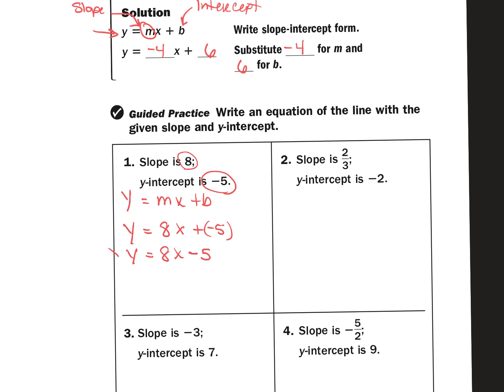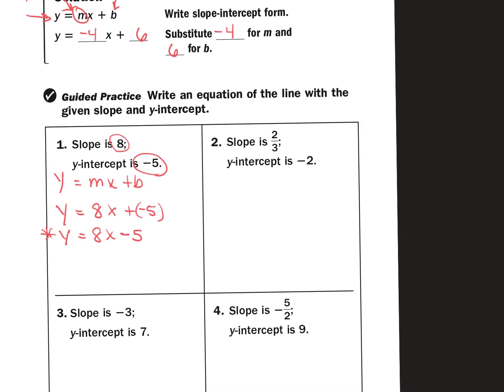I prefer this one. I prefer that you learn it that way, but if it does help you, you can write it this way as well. So let's do number 2. The slope is 2/3, and the intercept is -2.